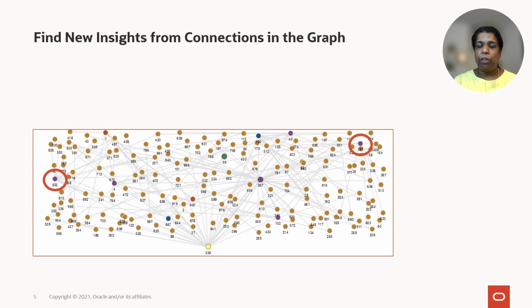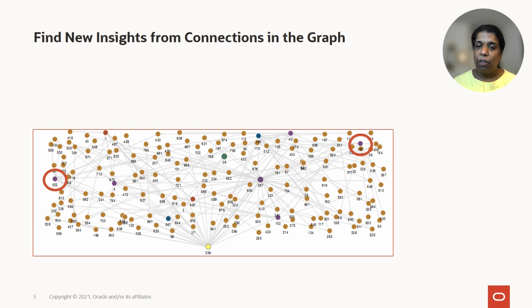When you model your data as a graph like this, you could do things like this to highlight some of the types of analytics and graph pattern matching queries that you can run with your data. The two vertices highlighted here are vertices with a high number of incoming and outgoing edges.